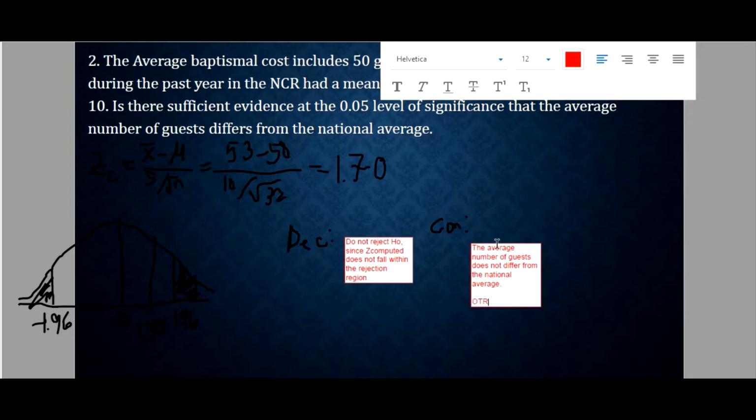Or you may have: there is no sufficient evidence to support the claim that the average guest in a baptismal is not equal to 50.